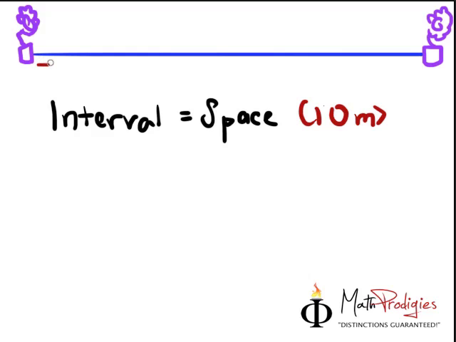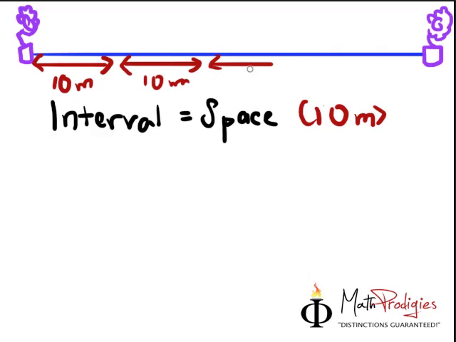Here is 10 meters, and then you will see another flower. And of course, there will be another 10 meters, and then another flower. You get the idea here, right? It's a very simple idea.